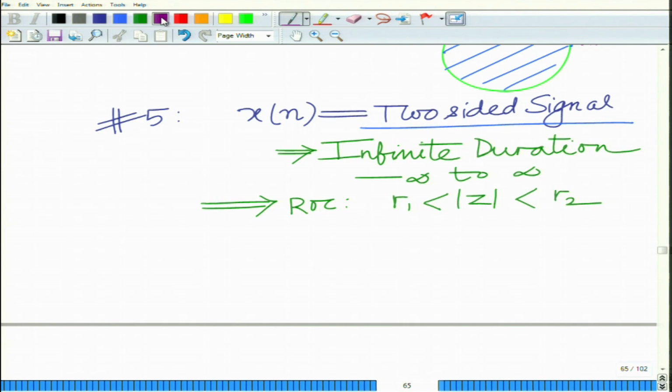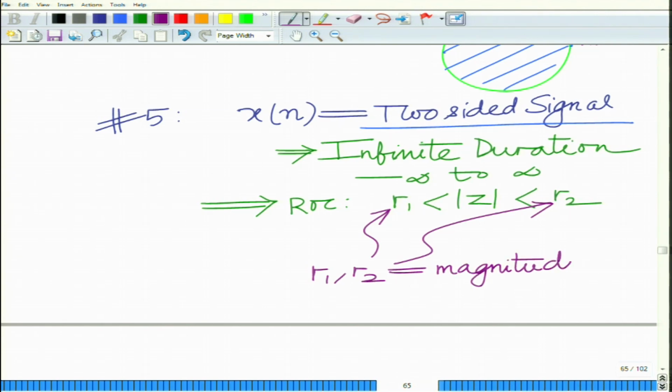Now, R1 and R2 are the magnitudes of two poles of X(z).